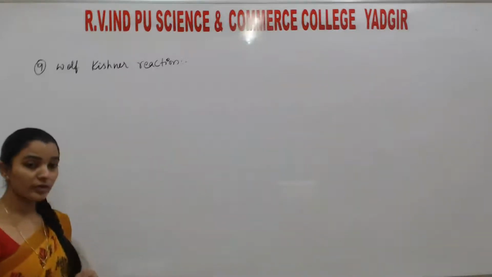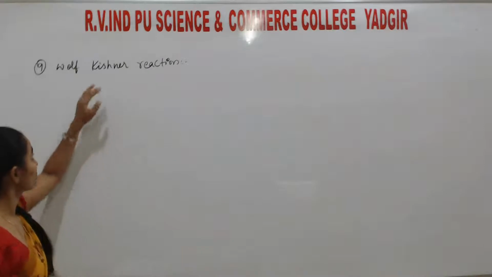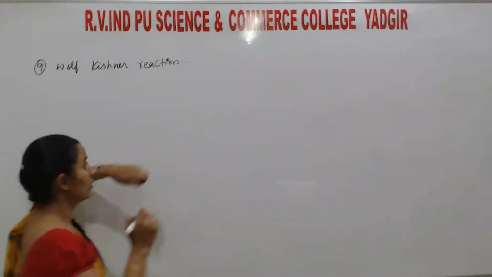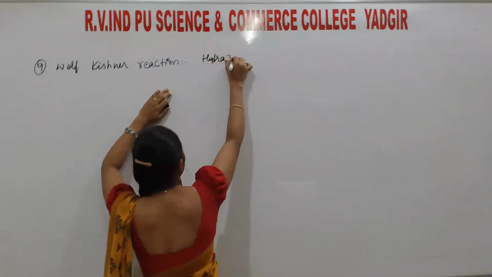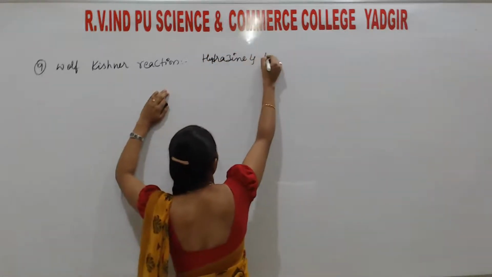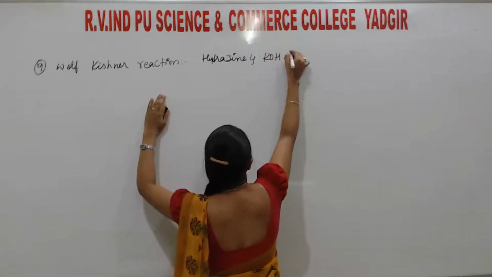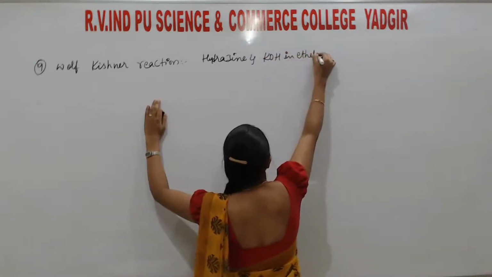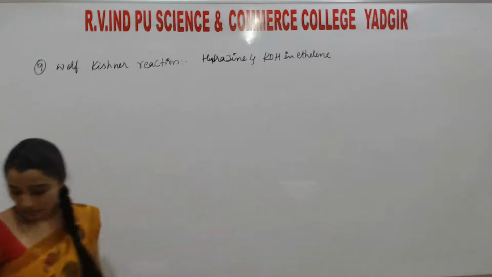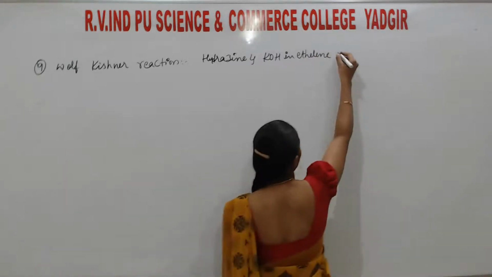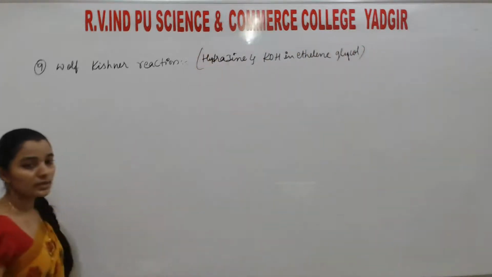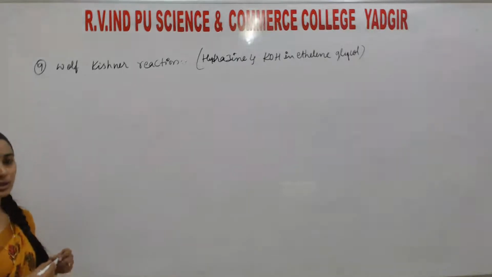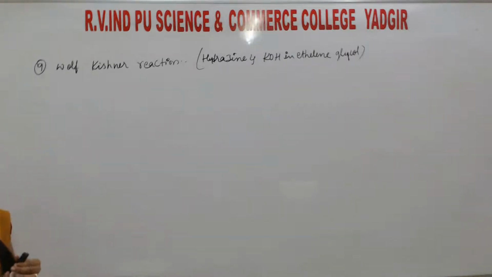So what is this reaction? So listen. Here the reagents used are what? Hydrazine and alcoholic KOH, KOH in ethylene glycol. These are the reagents used in the Wolff-Kishner reaction. So students, for aldehydes and for ketones, both react.